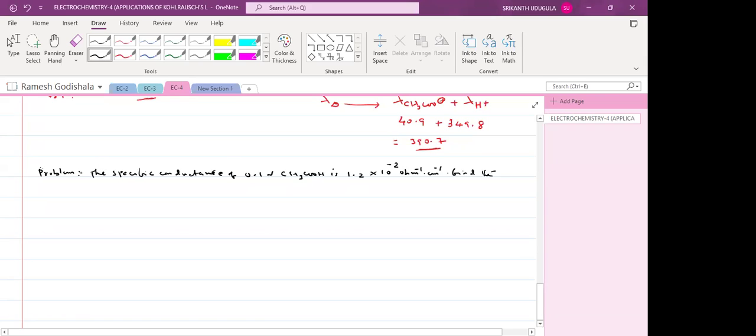Find the alpha of acetic acid. Alpha means degree of dissociation. Options: A 3.9, B 0.039, C 0.31, D 0.12.